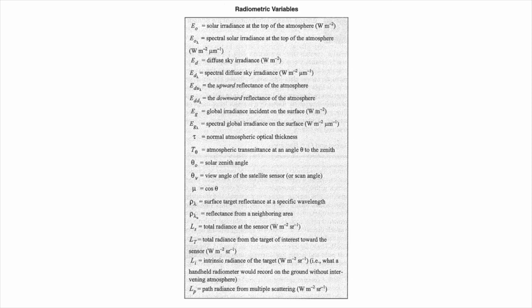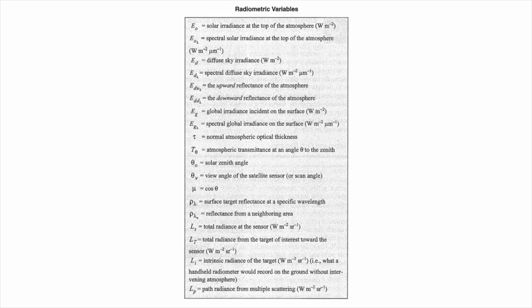Firstly, again, we denote irradiance with a capital E, typically in remote sensing, and we do that here with the solar irradiance at the top of the atmosphere. Sometimes we abbreviate that as TOA. Again, that's in units of watts per meter square. We have the spectral solar irradiance, again at TOA.